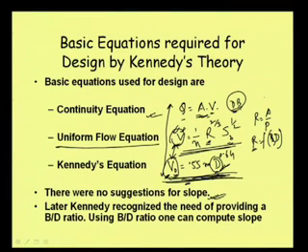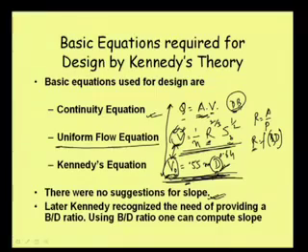Then later Kennedy realized that there is a need to put some relationship or proportion on B also, because when he was trying to find this critical velocity with respect to D, at the same time he found that a B by D ratio can be given, that if this is the D, then this should be the B, and then only the channel will become stable.